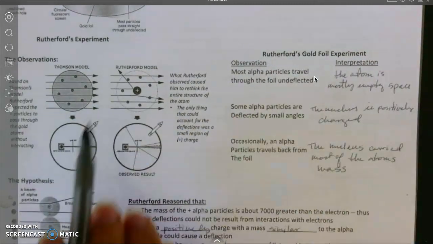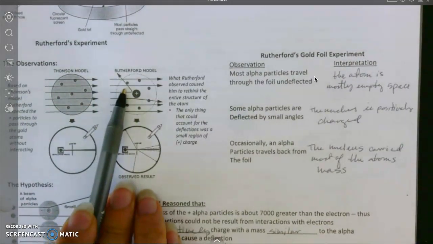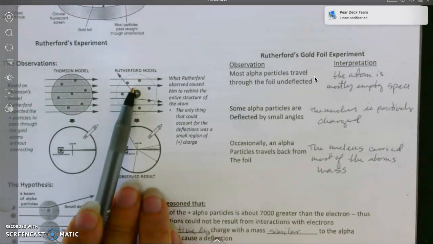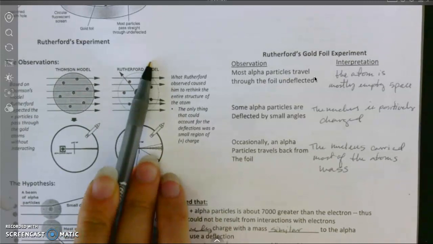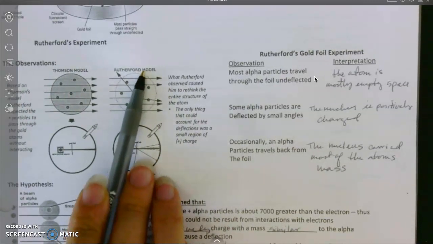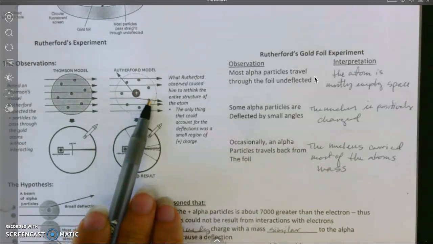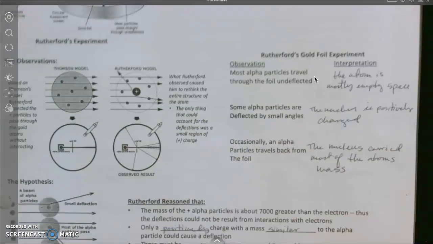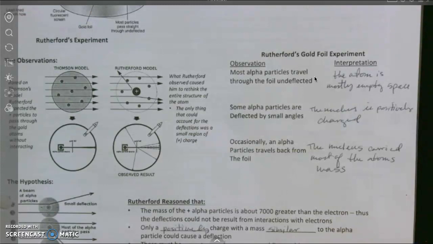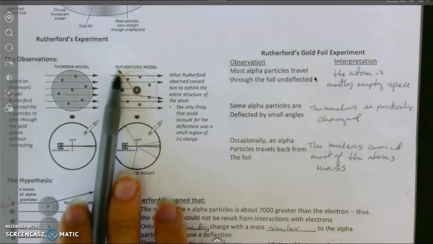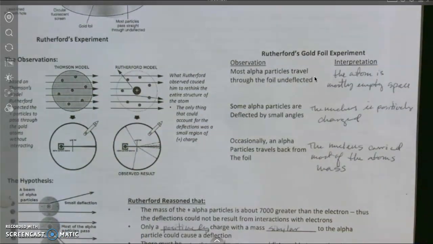And so essentially that means this alpha particle came in and it got close to our positive nucleus, and it repelled at not such a severe angle. See, like this one, it repelled because they were both like charges. And then occasionally it would bounce back at this severe angle.